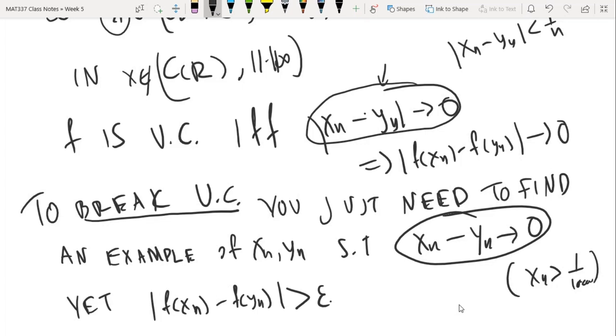Yet this is lower bounded. Yeah, you can add it, but that's an extra thing for your purposes.